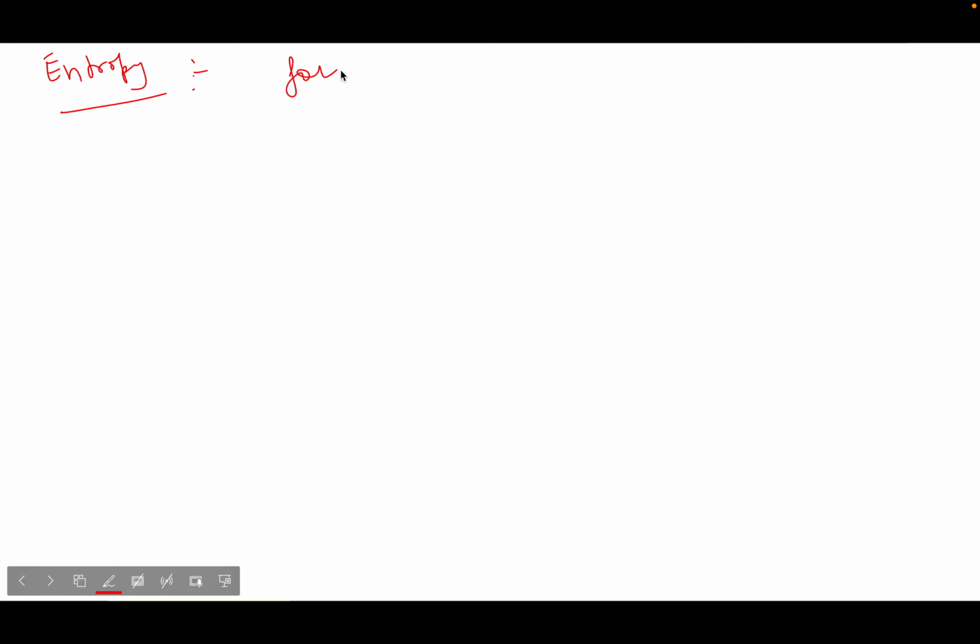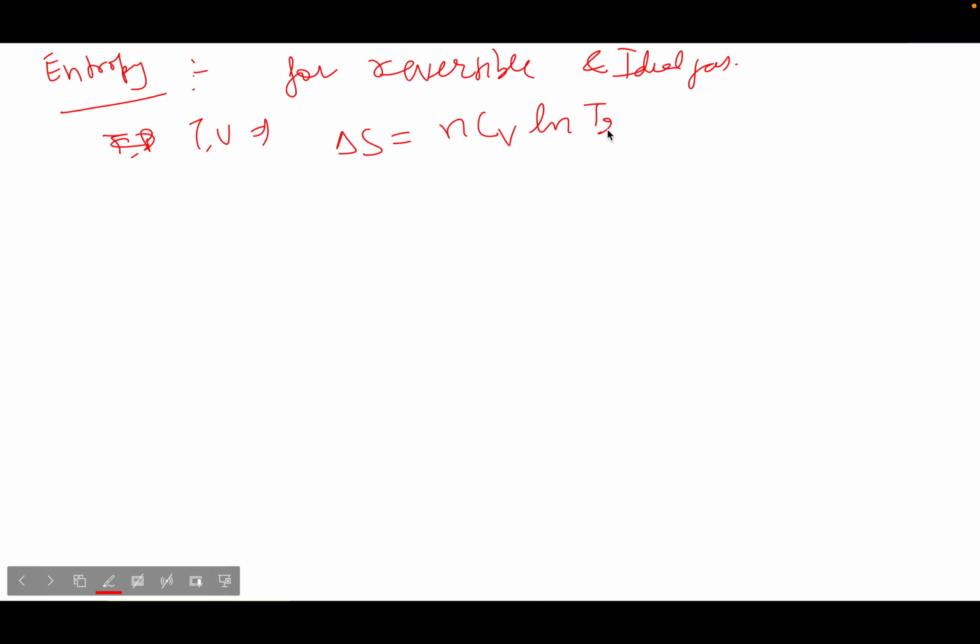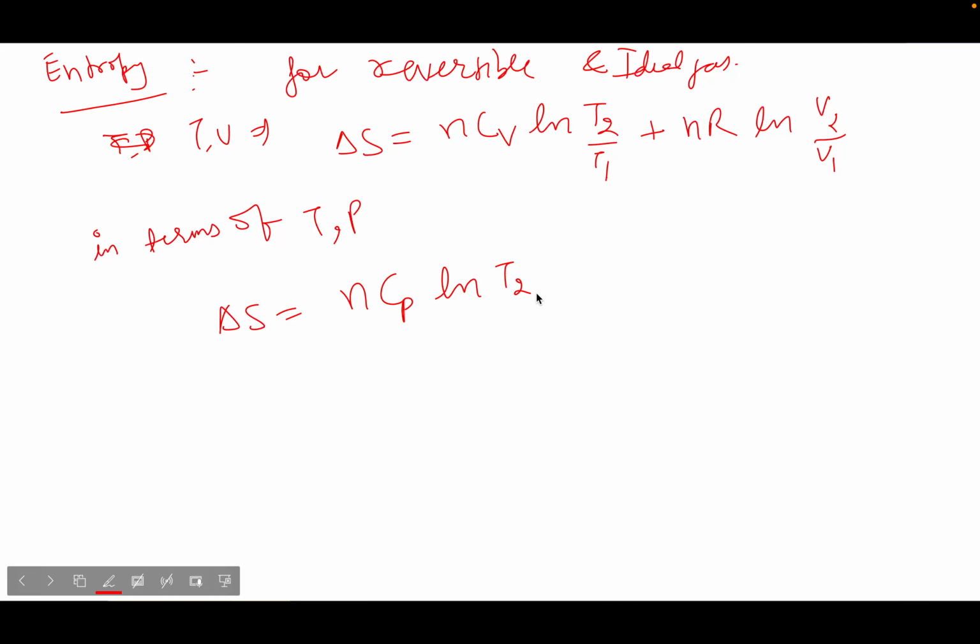If the process is reversible and the gas is an ideal gas, and temperature and volume are given, then ΔS is equal to nCV ln(T2/T1) plus nR ln(V2/V1). In terms of temperature and pressure, ΔS is equal to nCP ln(T2/T1) plus nR ln(P1/P2).